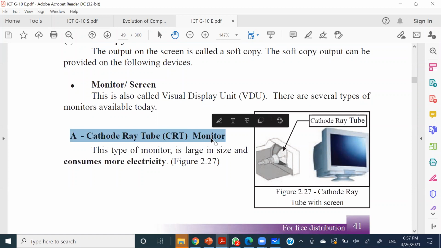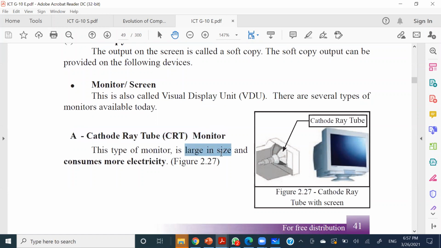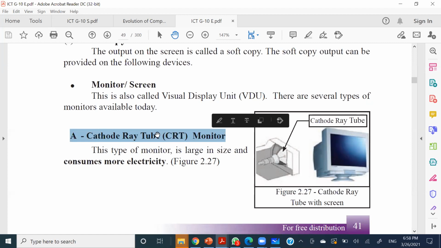Then under that, write these as 2 points. Large in size, that is the first point. Consumes more electricity, that's the second point. So that is under the cathode ray tube monitor, right? So you put A and cathode ray tube monitor. Then under that, the first point is large in size, and the second point, consumes more electricity.